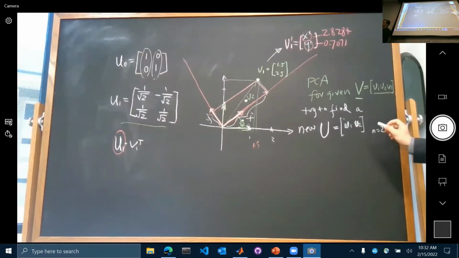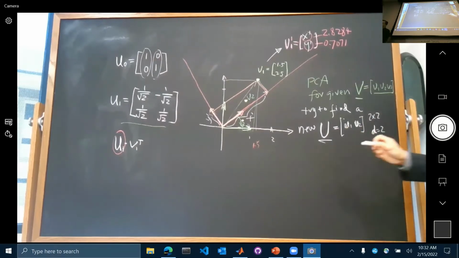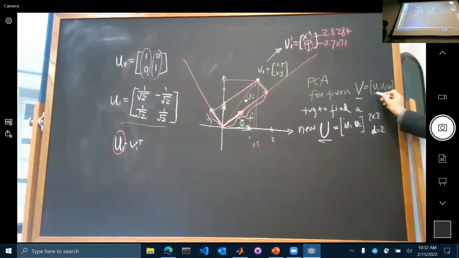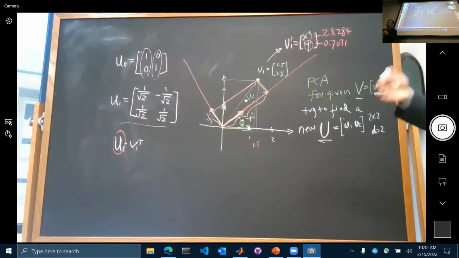That's the dimension, so it forms a 2 by 2 rotation matrix. After our rotation, we want these 3 data points to be separated as much as possible along one of the axes.